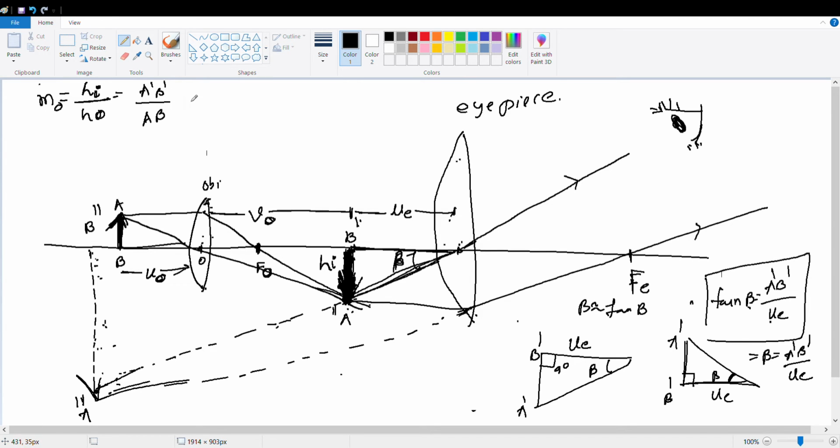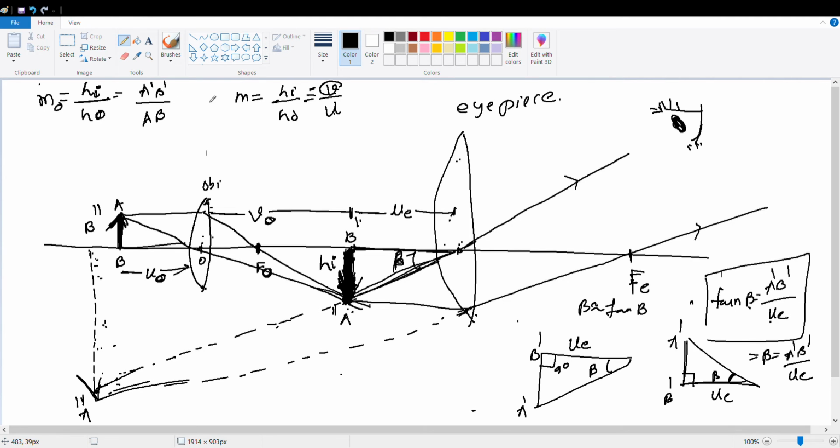And you also know magnification is nothing but minus V by U, image distance by object distance.